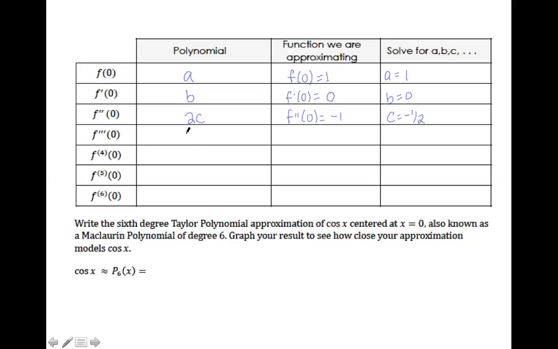Now we're down to the third derivative, and that was 6d. In our third derivative of our cosine function, we were down to sine of x, so sine of 0 is 0, and our d value here is equal to 0. Our next one, we have 24e.